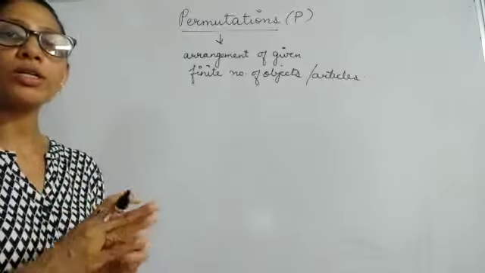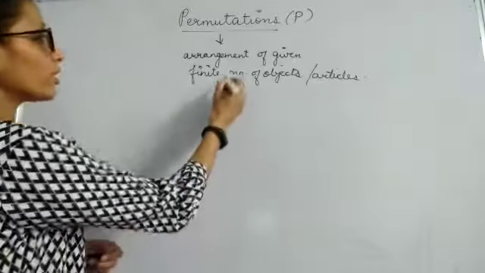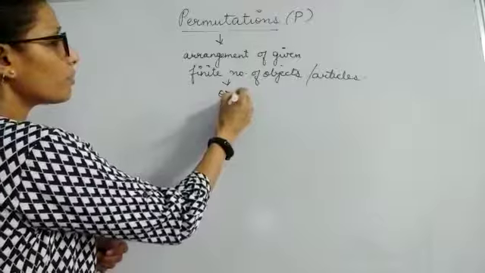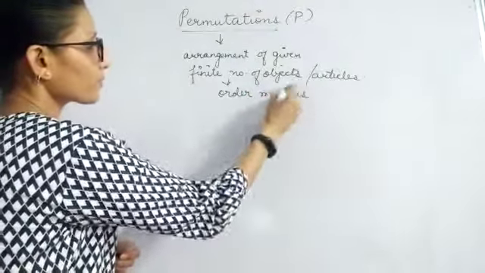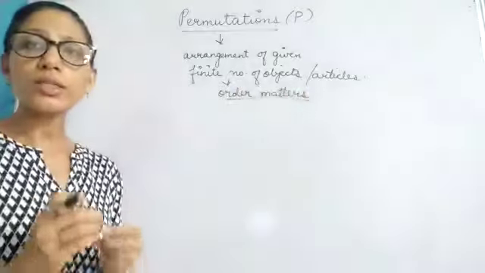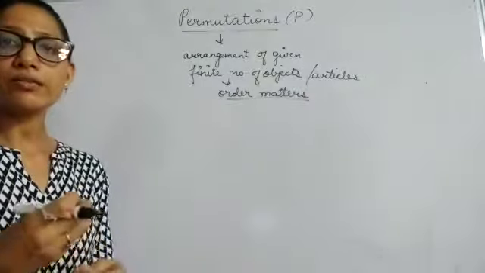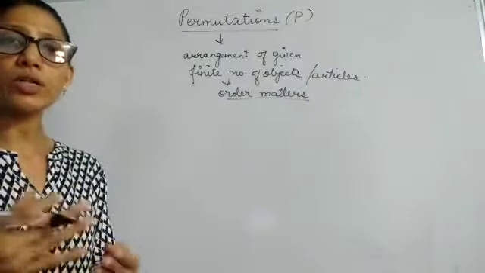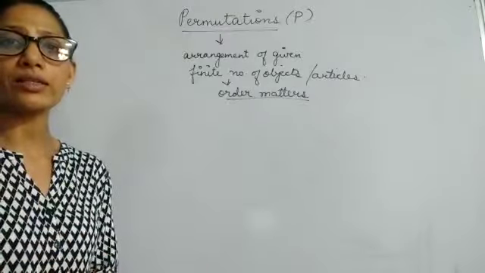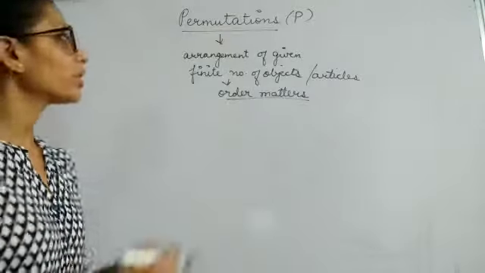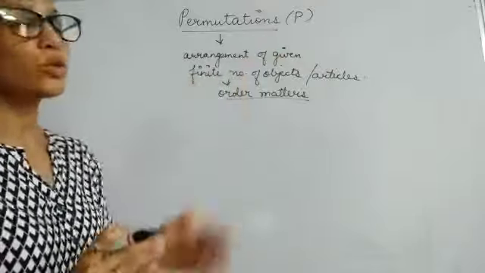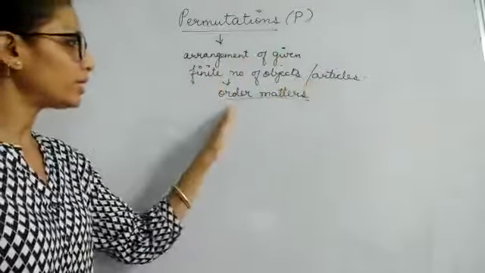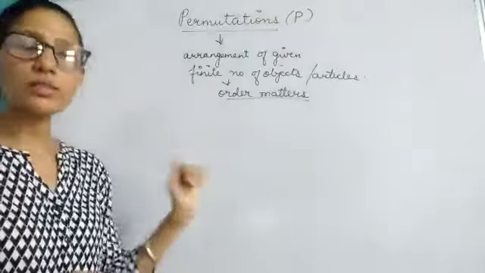That means order matters in permutation. That means what object we are taking at the first position, and in the next case what object or article we are taking. So permutation is just the arrangement of a given finite number of objects and articles, and yes, here order does matter.